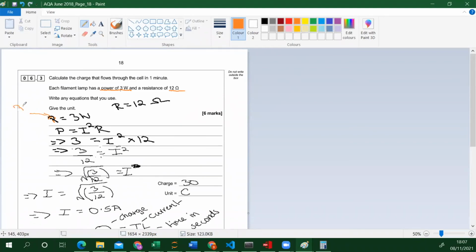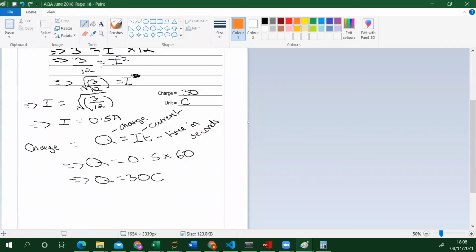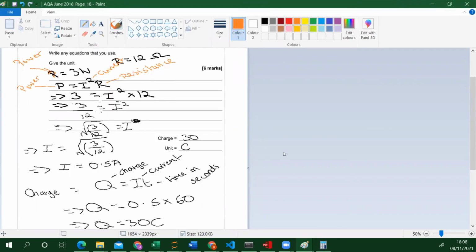That's power, power again, then current and resistance. Charge is 30 coulombs. There's nothing really other way you could have done that. This is obviously the correct way, and this will get 6 marks. I'm just trying to think of other ways that could have been done.